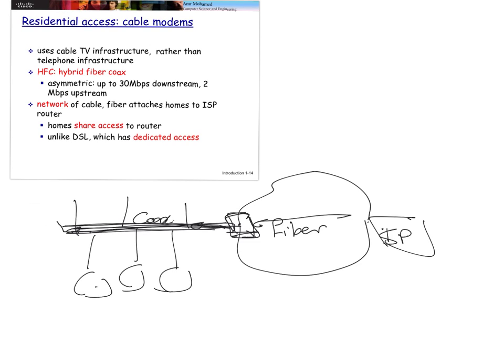Once we start using this for data, now the infrastructure itself and the way it's architected affects the performance of data transfer. Why? Because instead of using these users as consumers of the TV signal, guess what?